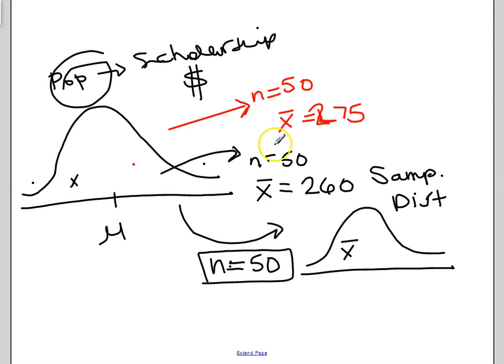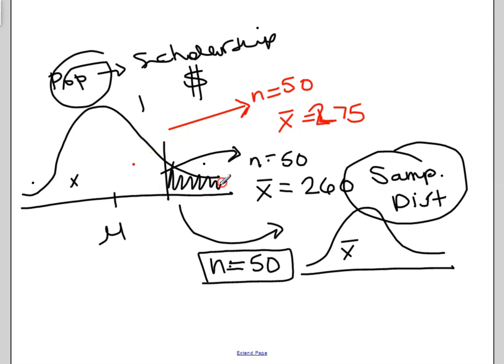Okay, in chapter 8, we're going to be looking at this, where instead of just one person, like we might have said in chapter 7, what's the probability a student will get $290 in scholarship money or more. Maybe we're trying to find that.